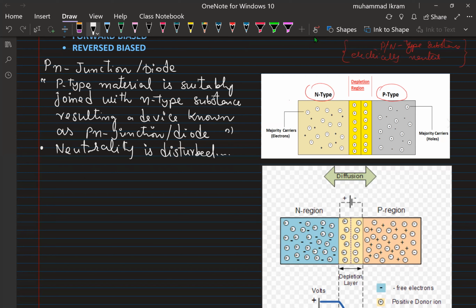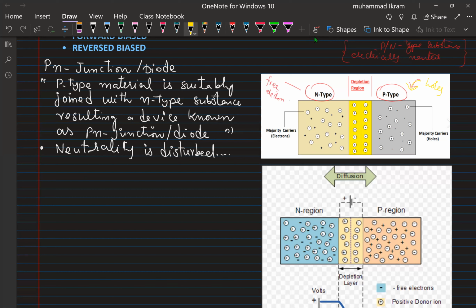This is because when you form the PN junction diode, we have an excess of electrons here, that is the current carriers or free electrons, and here we have holes in excess.